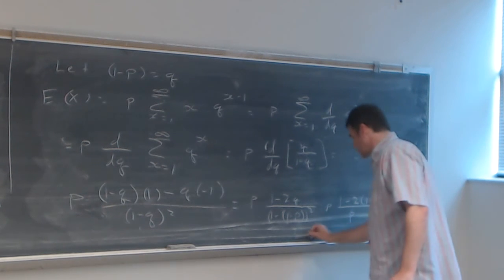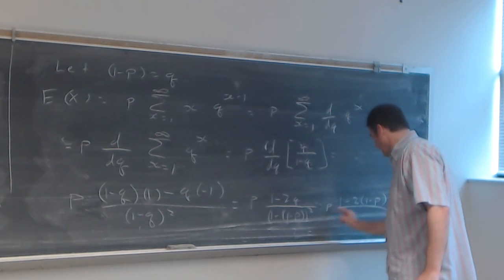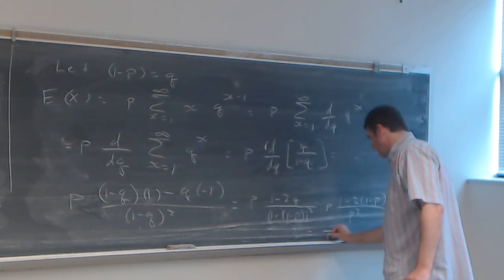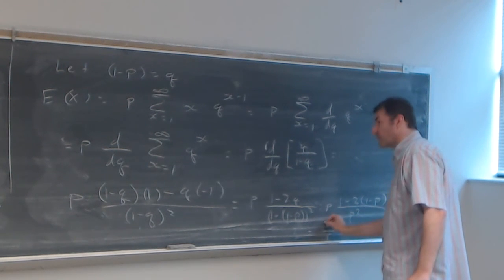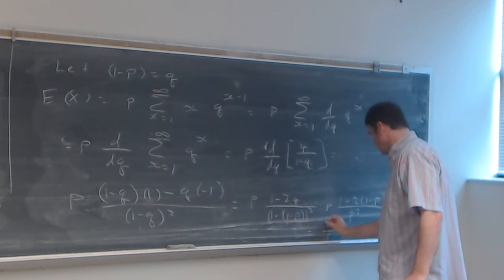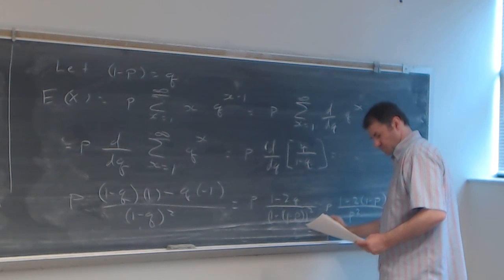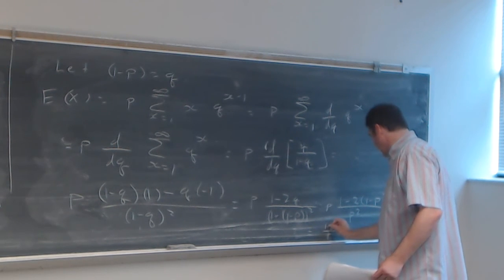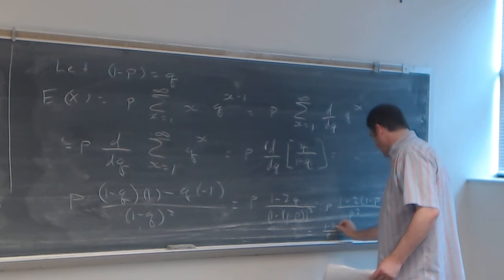So this is equal to, this is p squared. So the p's cancel out, leaving a p in the bottom. And here I have 1 minus 2 plus 2p.